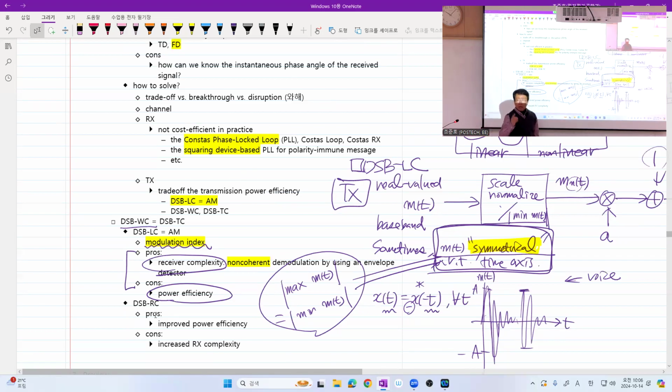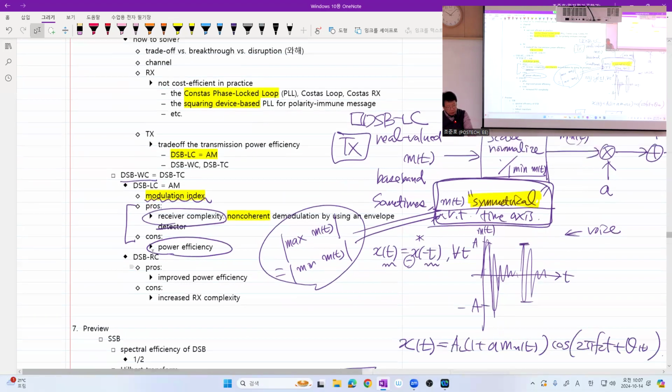In that case, you can even let A tend to infinity, which means equivalently, even without transmitting unmodulated carrier. About the phase locked loops, we will be back after we finish angle modulation.